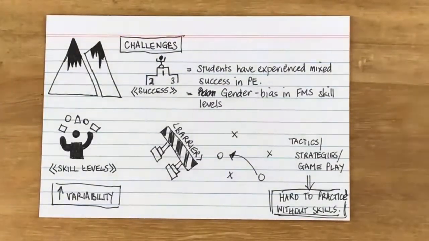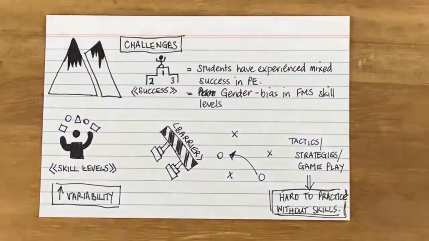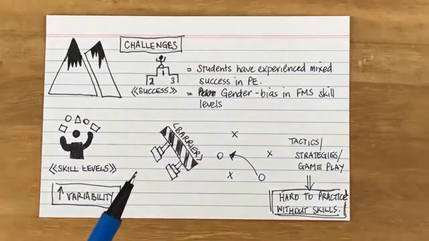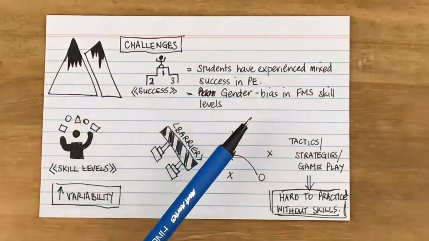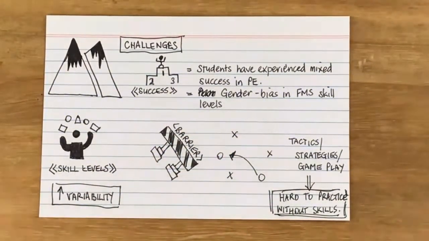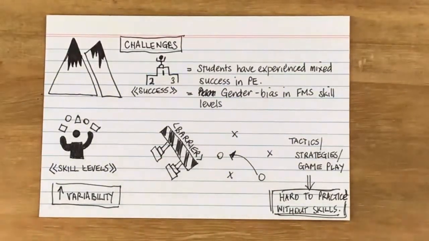So in terms of the challenges, again, these were brainstormed by the staff, and then focus groups were used just to confirm with students whether this was the case or not. So certainly some of the data and some of the challenges we identified were things like that most students have had a fairly mixed level of success when it comes to their PE experiences, and certainly it was obvious from the data that there's some gender bias towards particular fundamental movement skills that were tested and the level of skill that boys and girls had in relation to that.